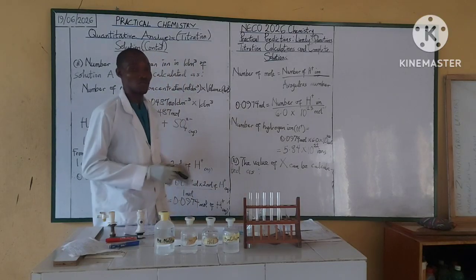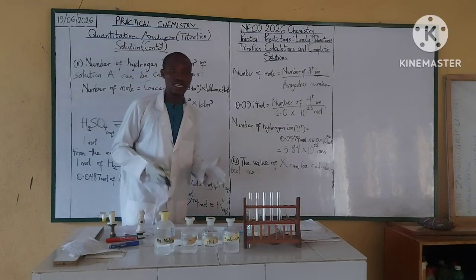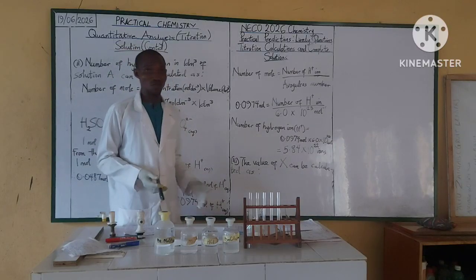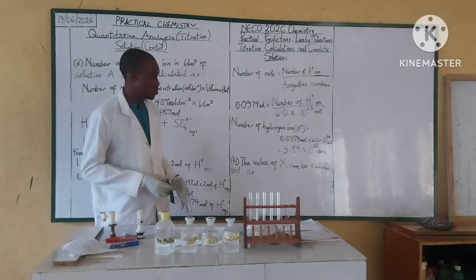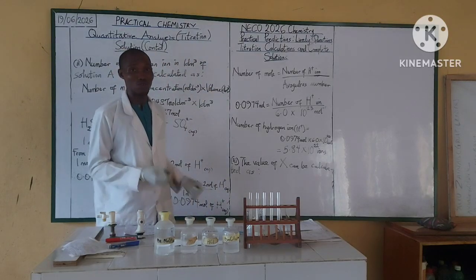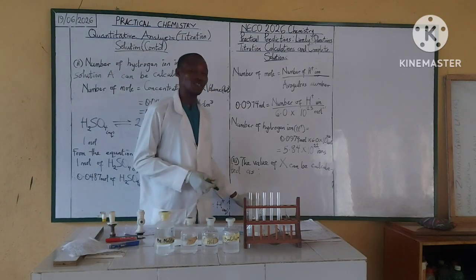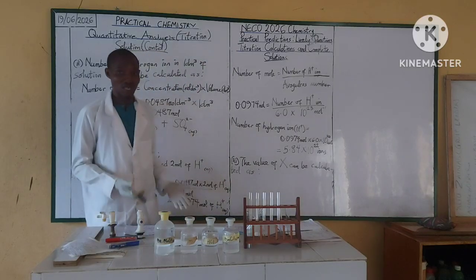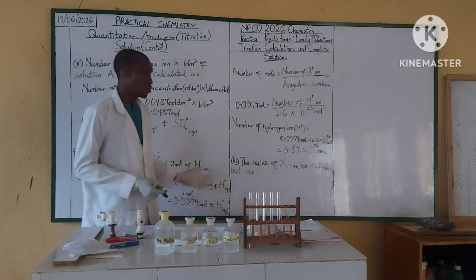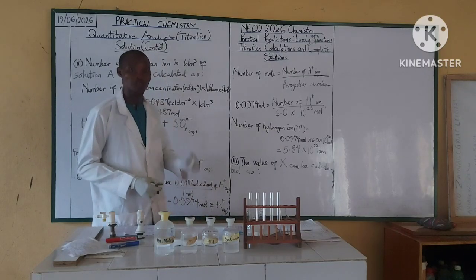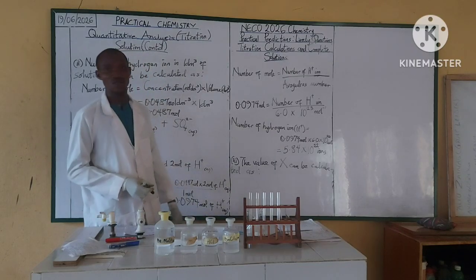If you check the question given to us, they say x gram per dm cube of H2SO4. In other words, we are to find the concentration in gram per dm cube of H2SO4. And since we already know the concentration in mole per dm cube of our acid, that is the H2SO4, we can easily determine the molar mass of H2SO4. First thing is to determine the molar mass of H2SO4.